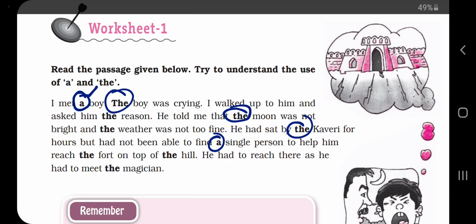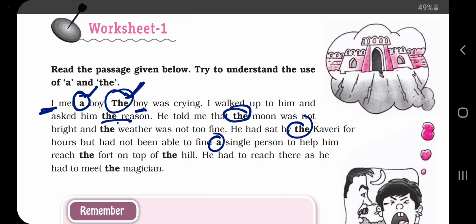The boy, now it has become specific. This boy is specific. The boy whom I met, so it is specific, definite. Was crying. I walked up to him and asked him the reason why he was crying. It is specific. Why he is crying, so he is asking the reason.